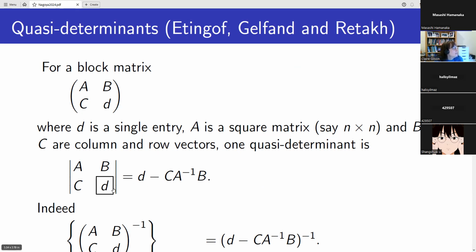If I put a box round the D, I call this my quasi-determinant expanding about the bottom entry D. I can define it very simply. It's basically D minus C times A to the minus 1 B. People often define this iteratively, but if you don't want to define it iteratively, you just make this your definition.